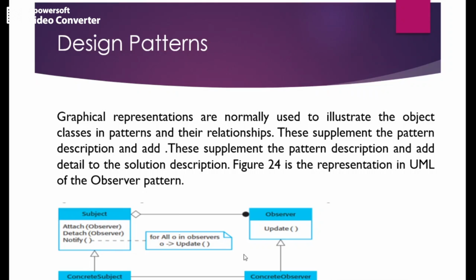This is inheritance. One is concrete subject, another one is concrete observer. Observer has the right to update any changes in the state of the object, and concrete subject will store and maintain the state information of that object. Now for observer, what is this notation? Aggregation, comprised of. Okay, it is aggregation. So this is the UML model representation for your observer pattern.